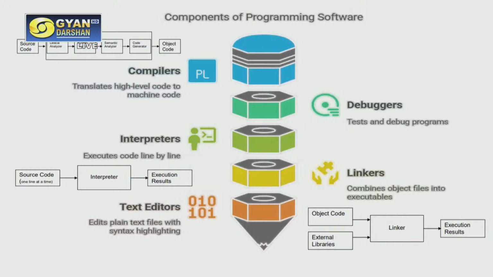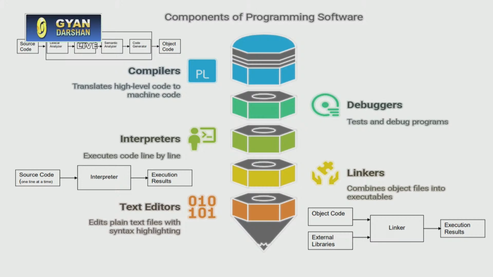Now, as far as the components of programming software are concerned, we have already discussed that compilers, interpreters, debuggers, and linkers all fall under the category of programming software because they facilitate the programmer in programming. Compilers translate high-level code to machine-level code.